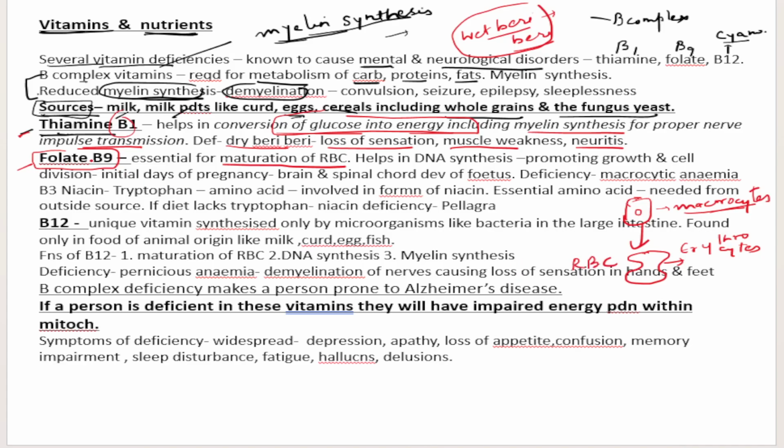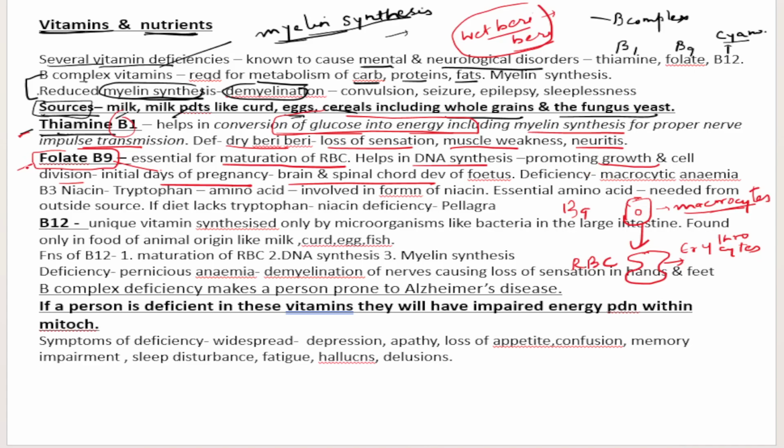So vitamin B9 or folate is involved in maturation of the RBCs. It helps in DNA synthesis. It helps in promoting growth and cell division. In the initial days of pregnancy, giving vitamin B9 helps in the development of brain and spinal cord of the fetus.